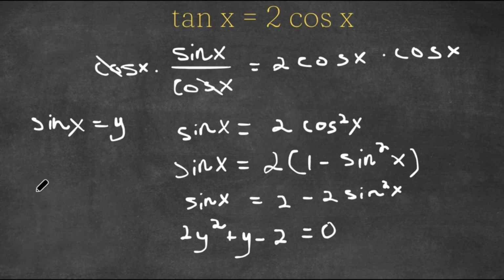And this means that if we plug this into our quadratic formula, we get y is equal to -1 plus or minus the square root of 17, over 4.